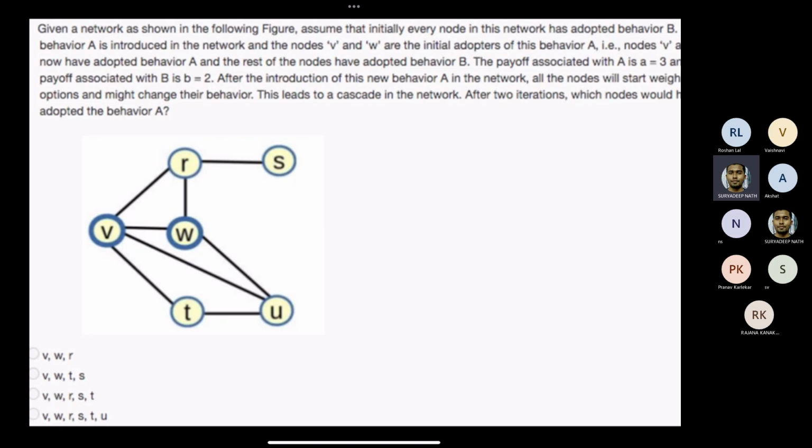Even though R, T, U themselves have changed, by looking at R, T, U, V itself will change to the old behavior.